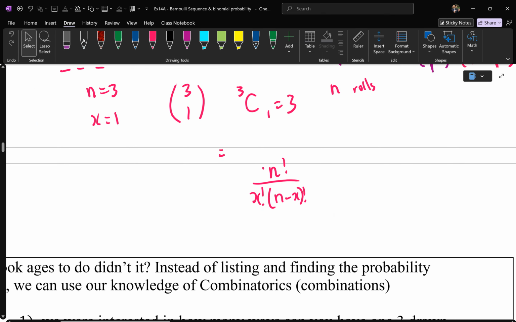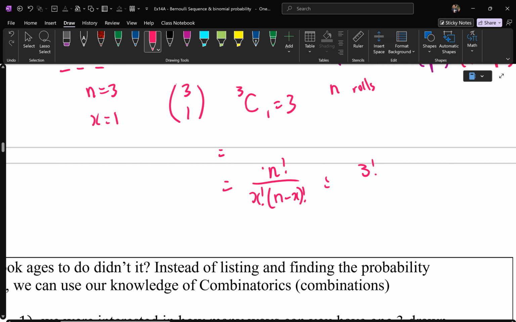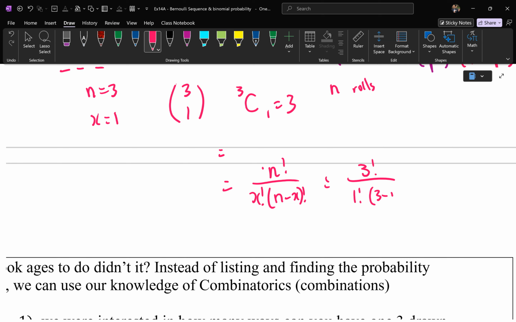In our case, it would have been 3 factorial over 1 factorial times 3 minus 1 factorial. So it ends up being 3 factorial over 1 times 2 factorial. And we know that 3 factorial just means 3 times 2 times 1. And on the bottom, that's 2 times 1. That's why these cancel out and you end up with 3.